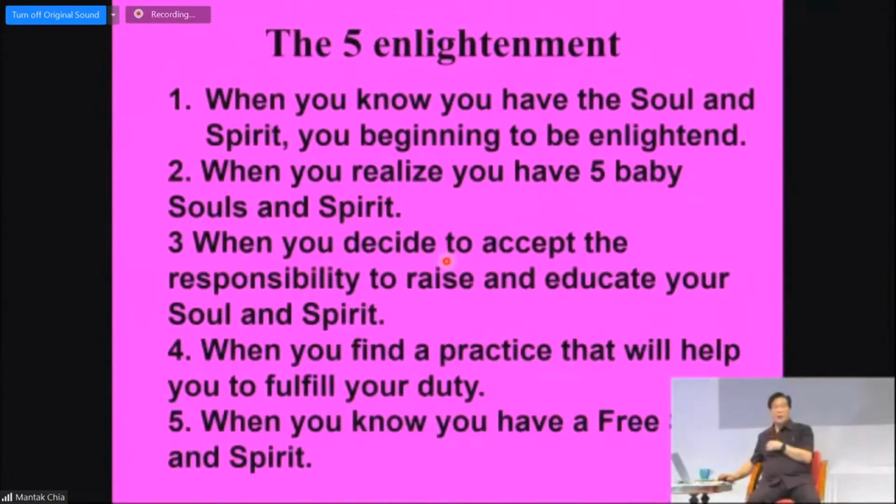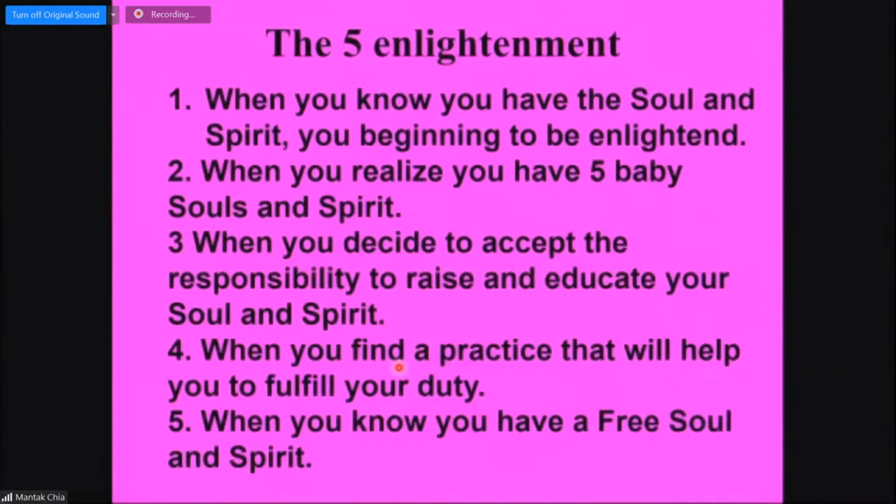The Tao really emphasizes the five enlightenments. And the soul and the spirit, that is the first enlightenment.